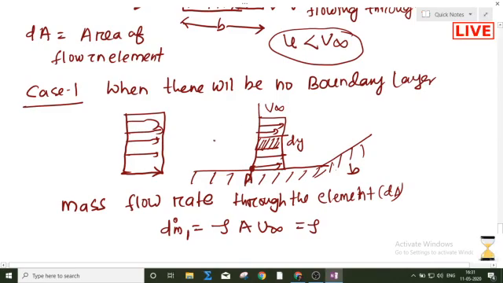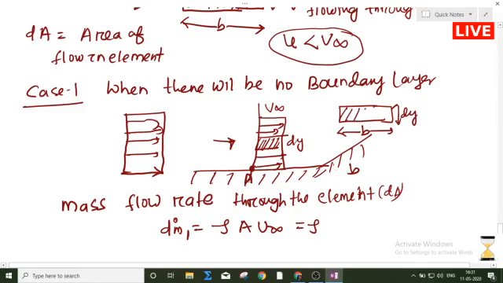If you look at the side view, this is my b and this is my dy. The elemental area is b into dy. So I can write b into dy into u infinity. So this is equation 1.